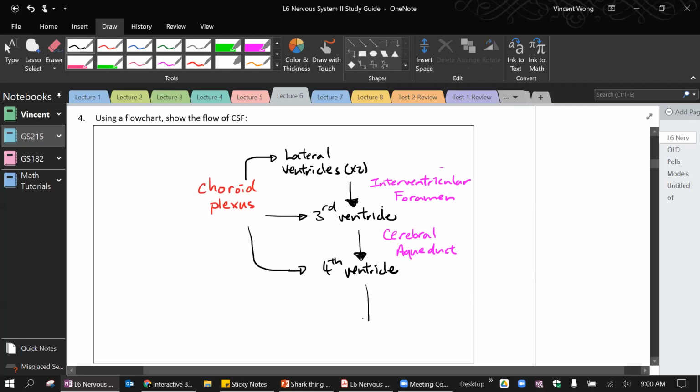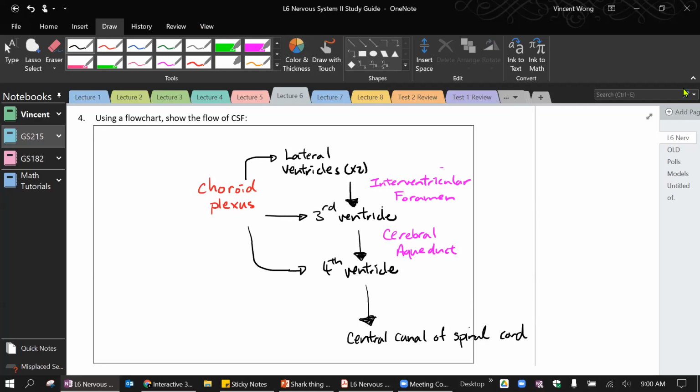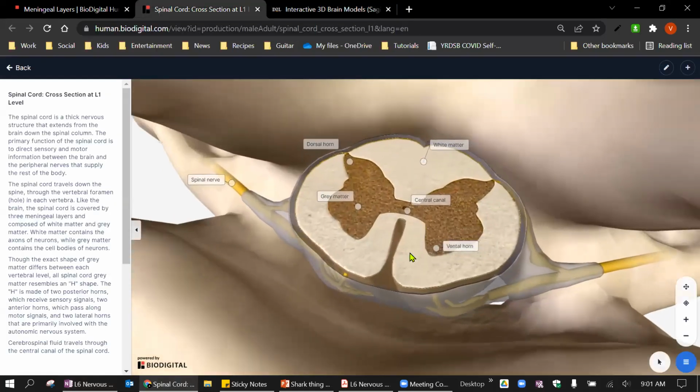Now, some will continue to go down through the central canal. Central canal of spinal cord. Okay. If you take a slice of spinal cord, let me show you. I think I have a picture here. This is spinal cord, right?